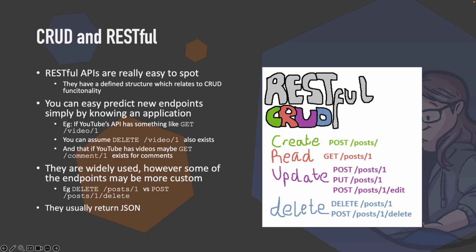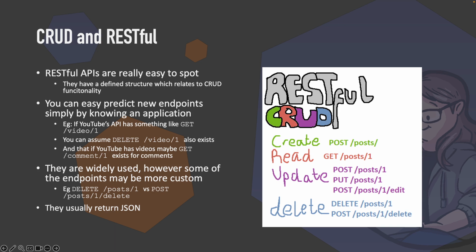RESTful APIs. RESTful APIs have this really defined structure, and this structure relates to CRUD functionality. A RESTful API has always 5 different routes per resource. Now, a route is an endpoint, is a piece of code that does something. We make a POST request to /resource name that creates a new resource.